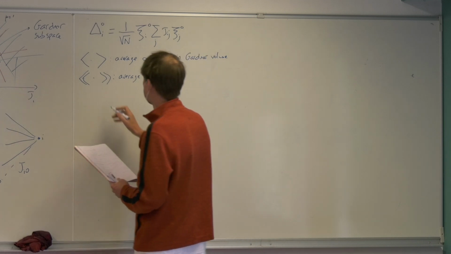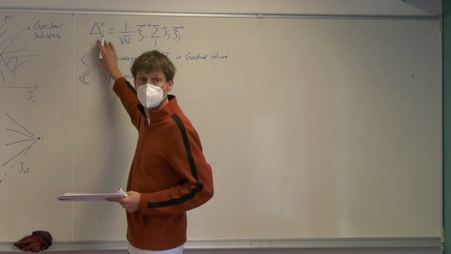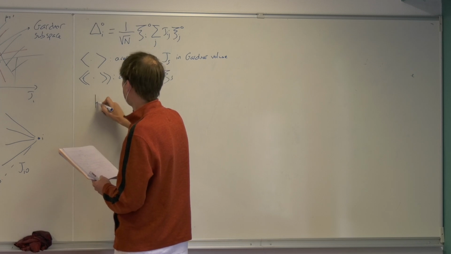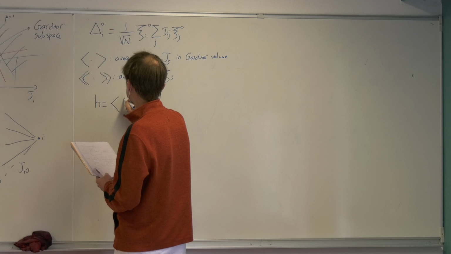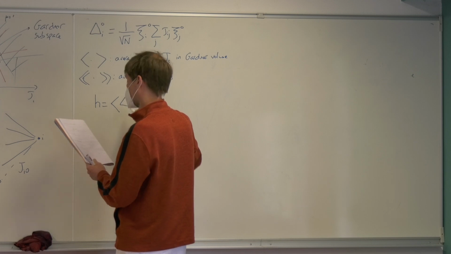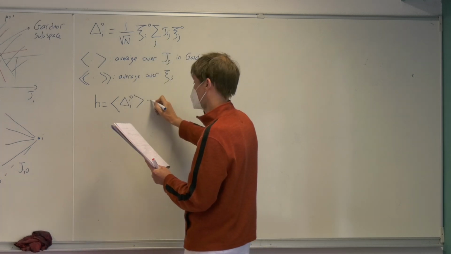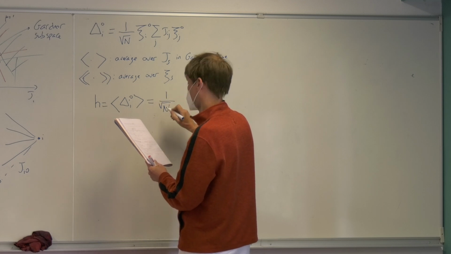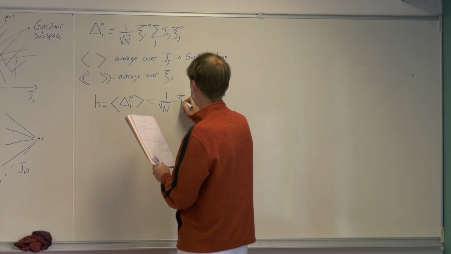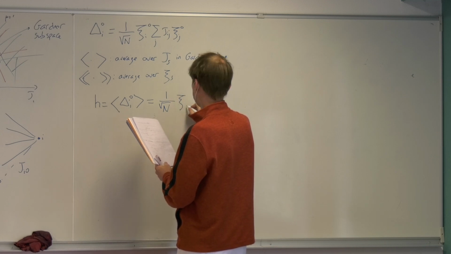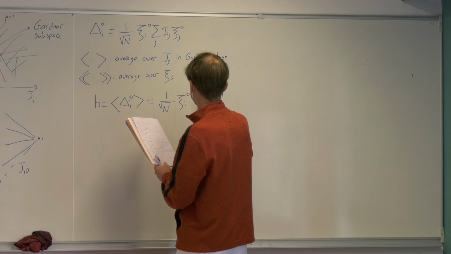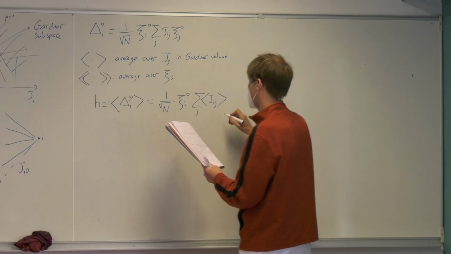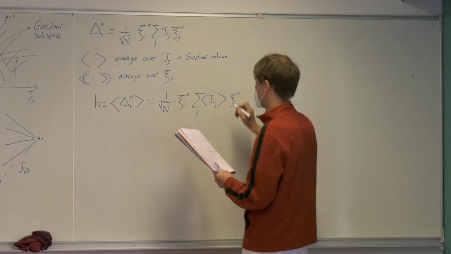Okay, so let's compute the 2 first moments of this, which fully characterize the distribution. So let me call h the average of delta i0, and this average will just be basically 1 over square root of n, sum over j, and then the average of J_ij, say J_0.